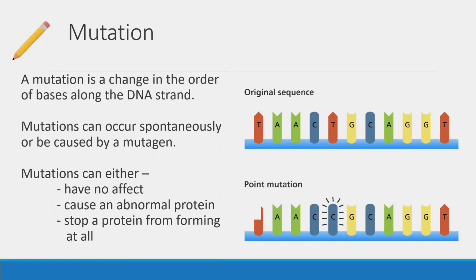Mutations. This is the big point of today's lesson. This is the whole purpose of today's topic, and we're running low on time, but we've had some really good questions. Someone says, are you sure about that?